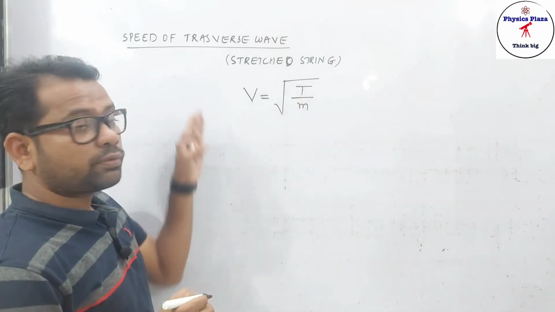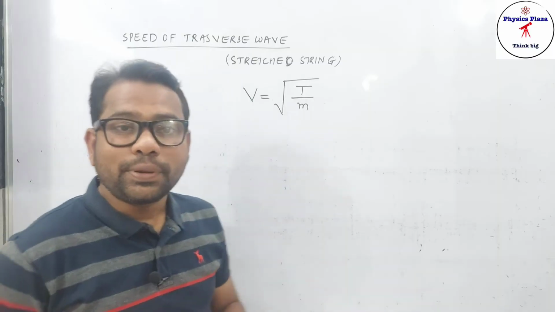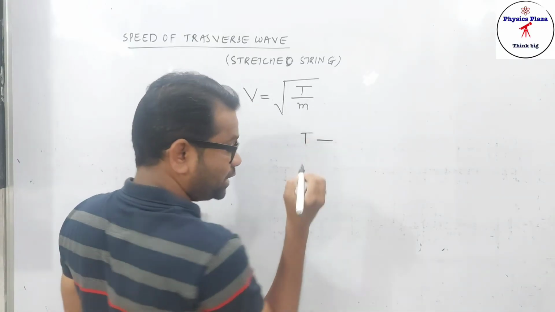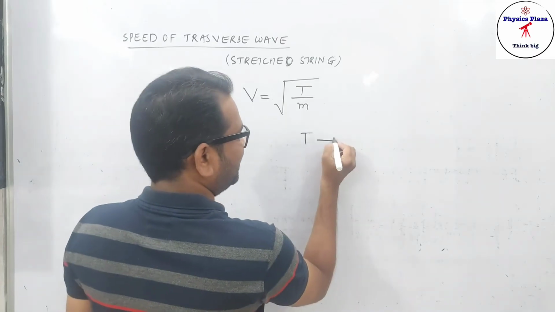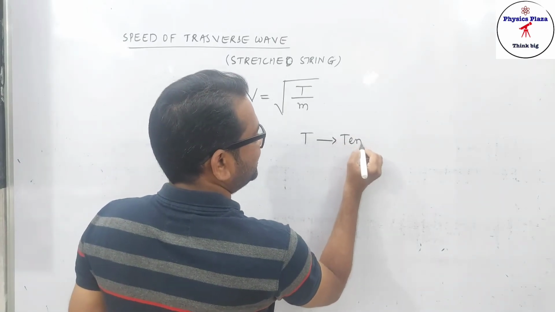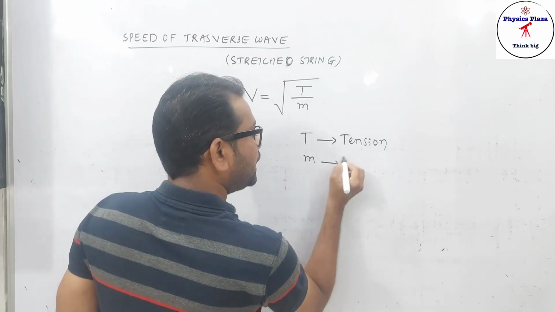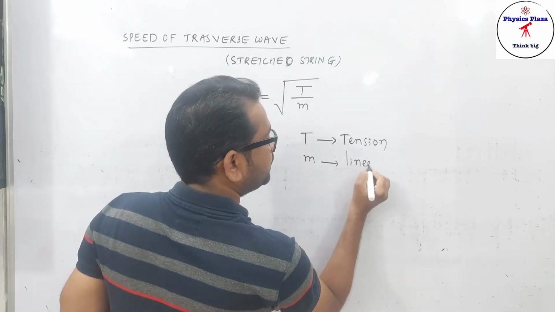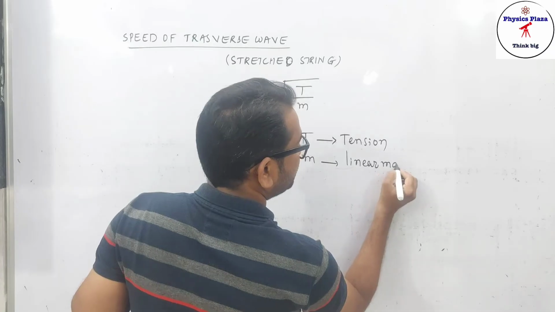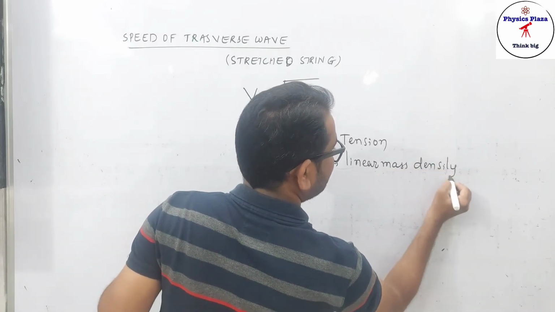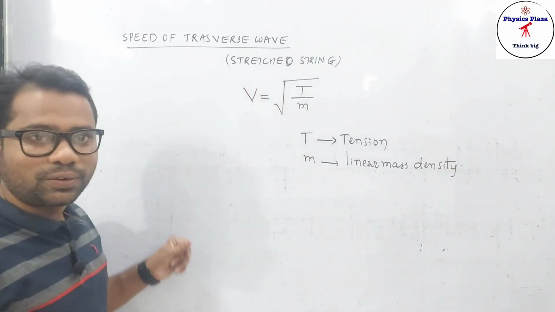The speed of a transverse wave produced in a stretched string depends mainly on two factors. One is T. Children, T is not temperature, it's tension only. T is the tension produced in the string, and M is the linear mass density. Very, very important. Linear mass density. Is it clear, children?